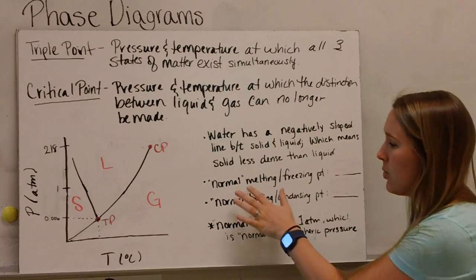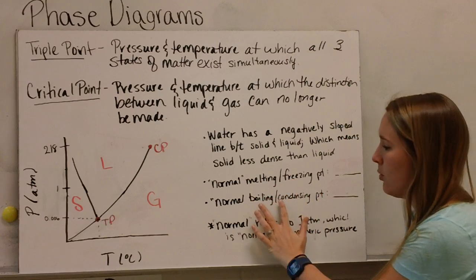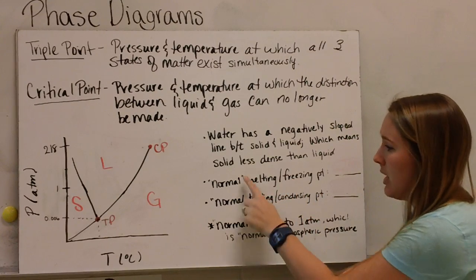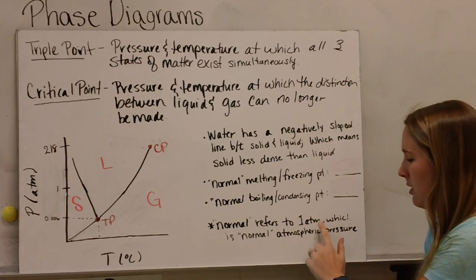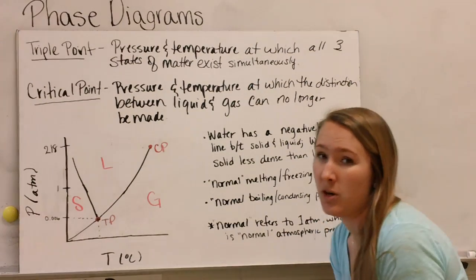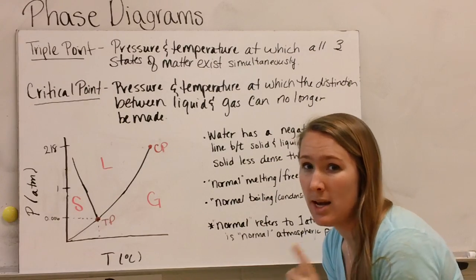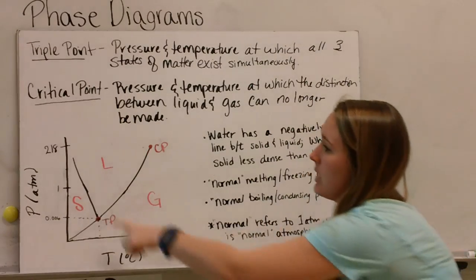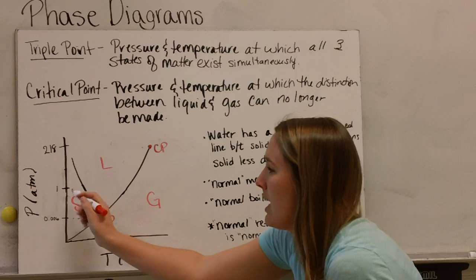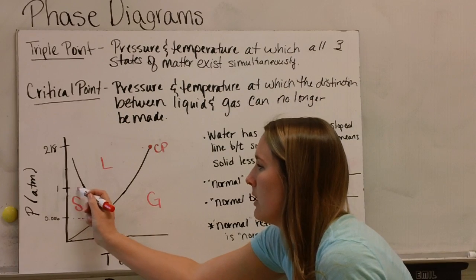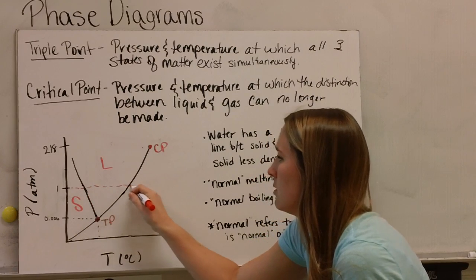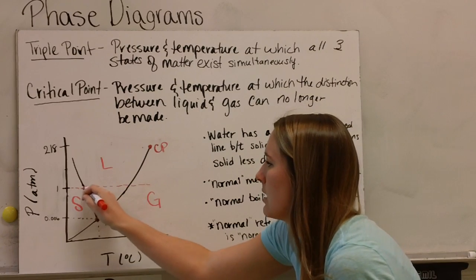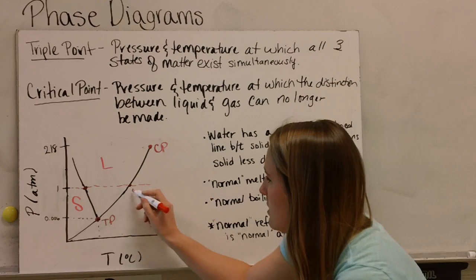We also have the normal melting and freezing points and the normal boiling and condensing points. Now, normal refers to being at 1 atmosphere, which is the normal atmospheric pressure at sea level. So we can read on our diagram, at 1 atmosphere, we draw our line across, and where it intersects, we go down.